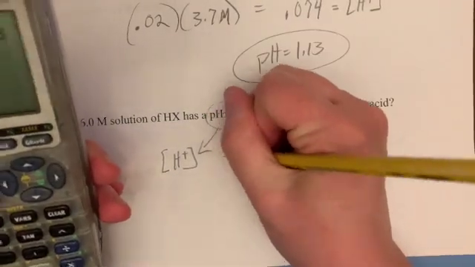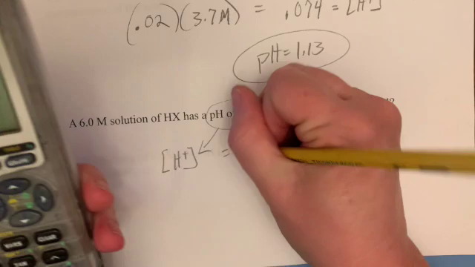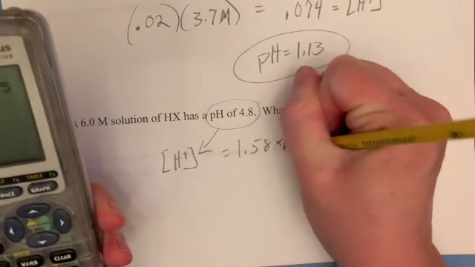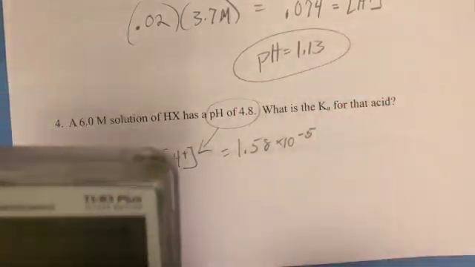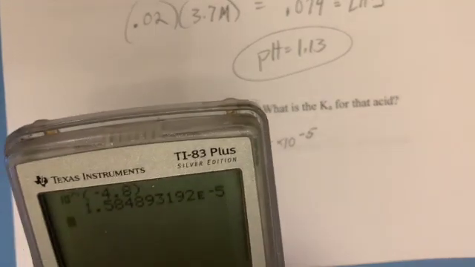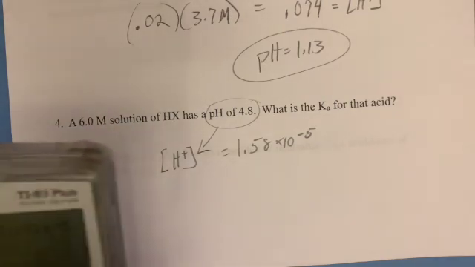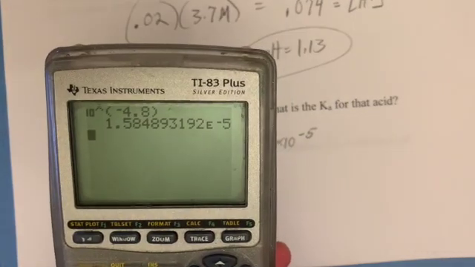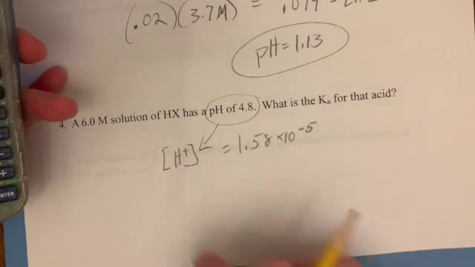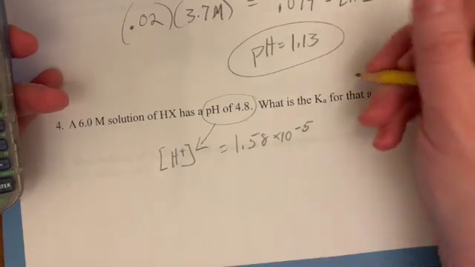And that's going to give me 1.58 times 10 to the negative fifth. So 1.58 times 10 to the negative fifth is your hydrogen ion concentration. Again, that's what it looks like on your calculator.